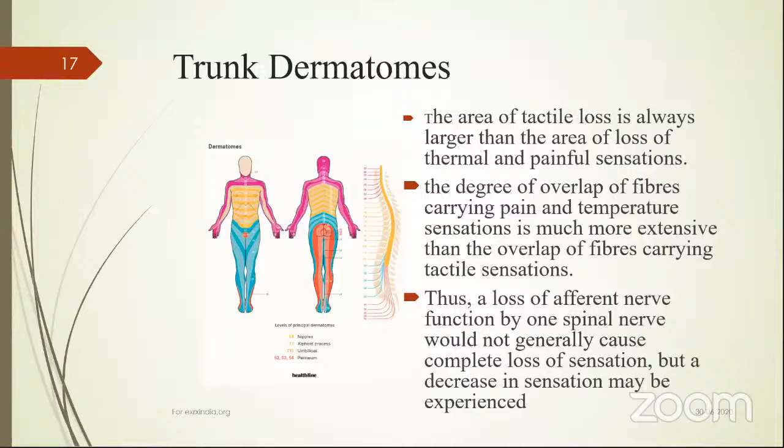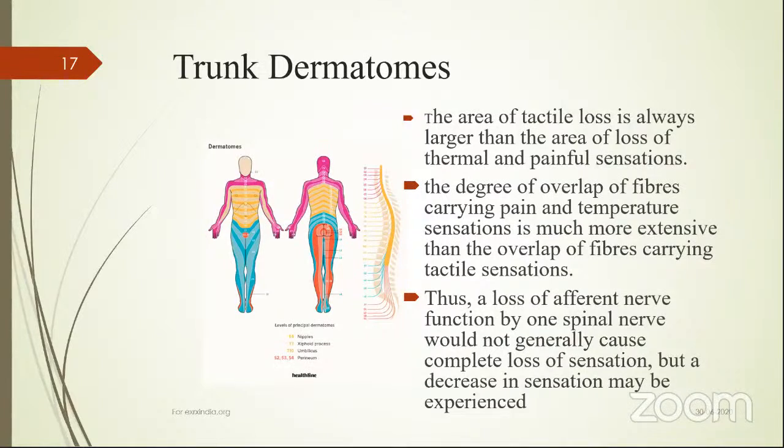So tactile has a larger area in the trunk. Clinically, if you are going to check tactile in the trunk, you get a lot of dermatomes involved. But if you check pain and thermal, you can see only a few dermatomes involved.